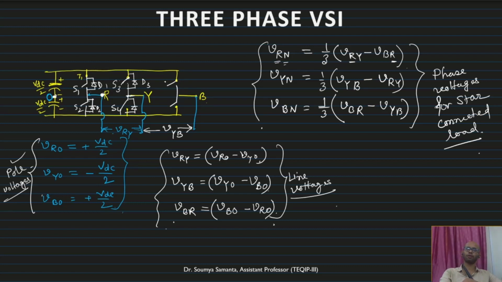Similarly, we will get S5 and S6, along with the anti-parallel diodes. Basically, these are simple switches. We have to replace them with IGBTs, as in the previous part of the lecture, but for saving time I am not drawing the IGBT. You can understand.